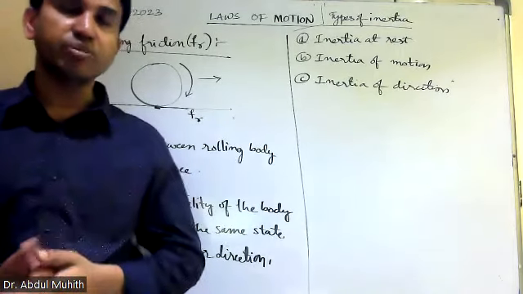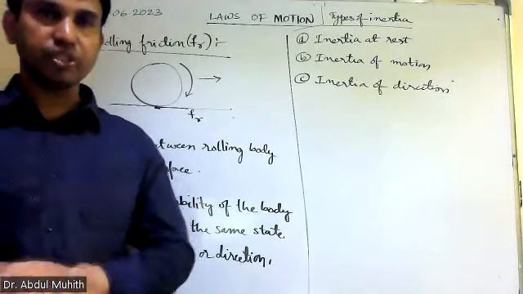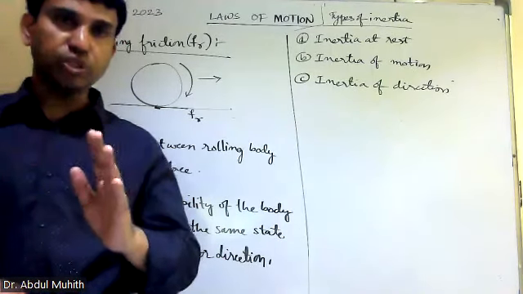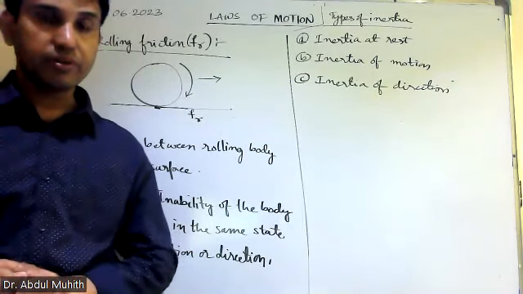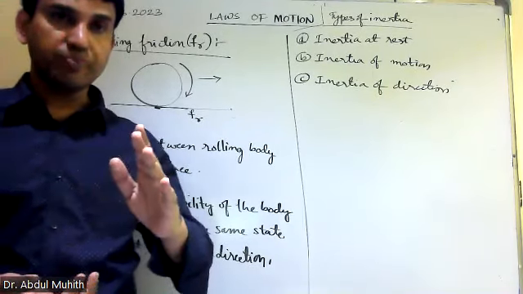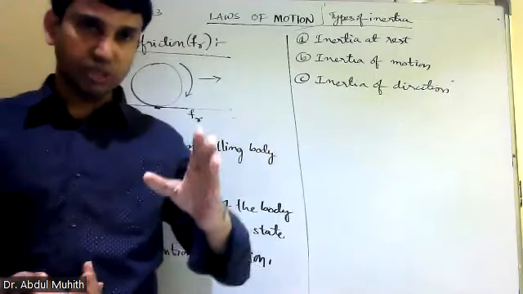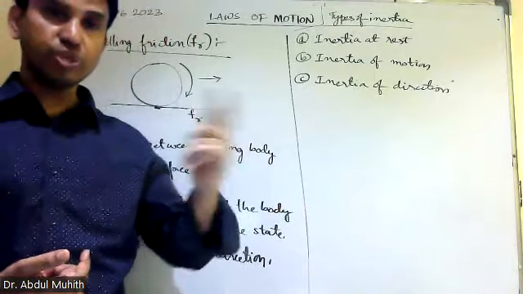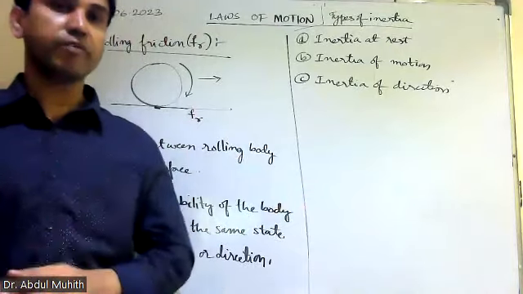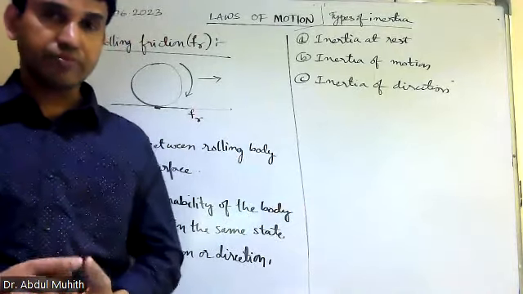Suppose static friction: when the bus started, the body should still be in the state of rest, but it's not. In motion also, when the body is moving, it should stay in motion, but the person fell down. That didn't happen. That is the meaning.